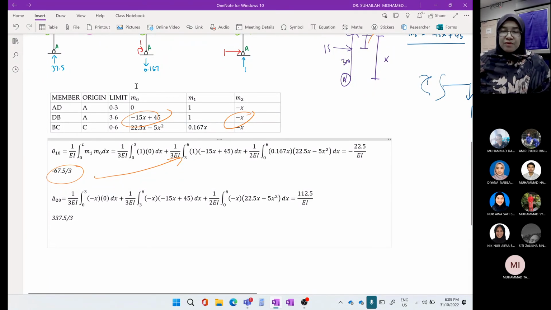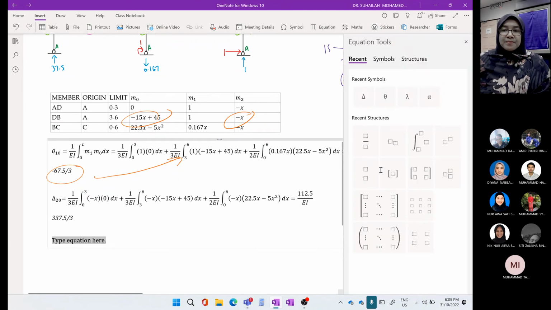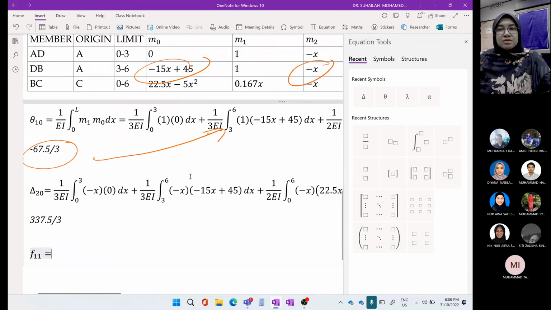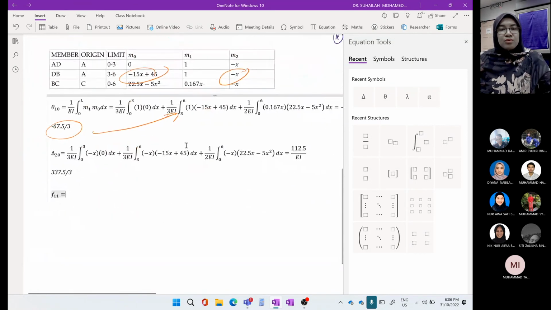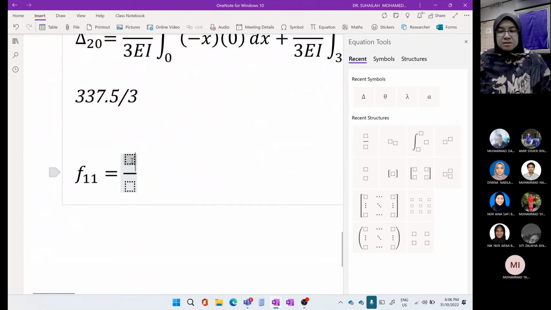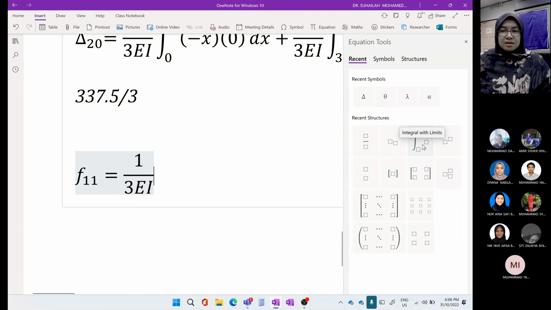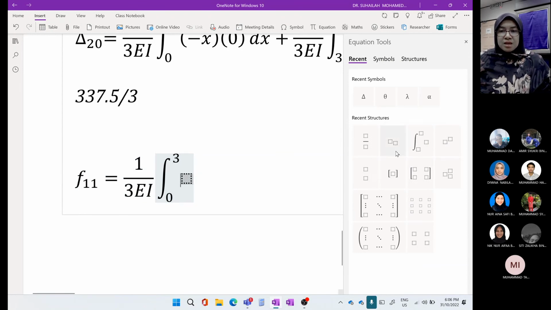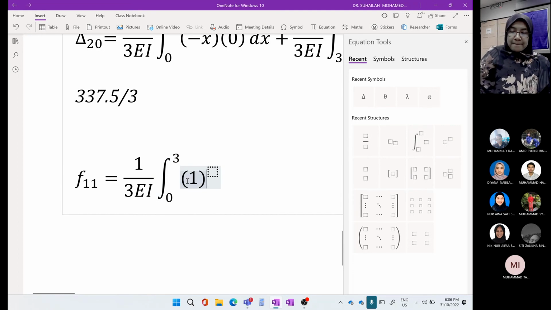Okay, so F11. F11 is 1 over 3EI integrate 0 to 3, 1 1 kan? It is 1 square dx.